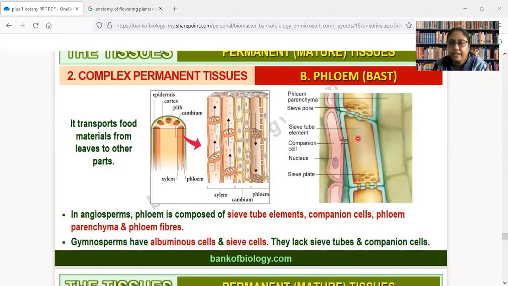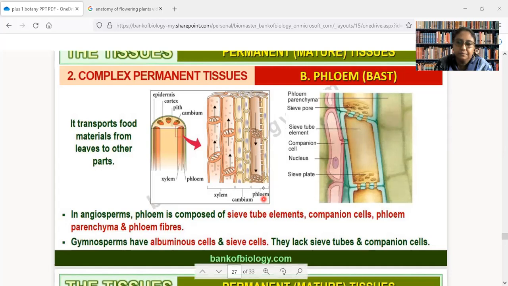So you require ATP for that. Yes, isn't it? You require specialized protein for that. Even if you want to go for facilitated diffusion, you require specific proteins for that, no? So how will we work if a cell is dead? That's why phloem has mostly living cells. Understood? Okay.